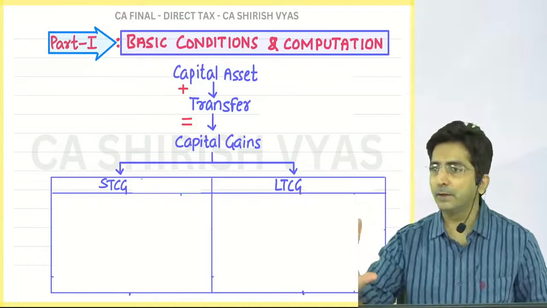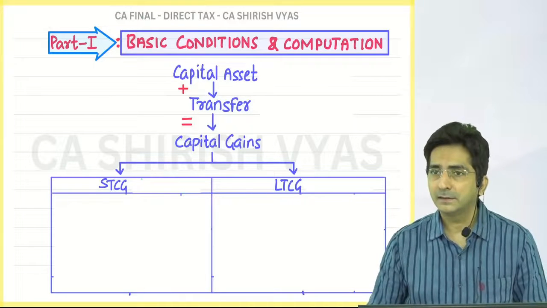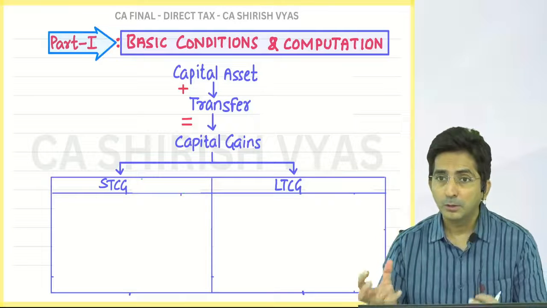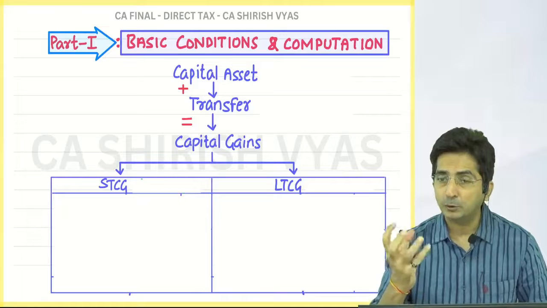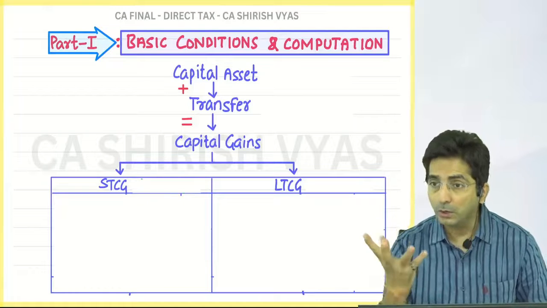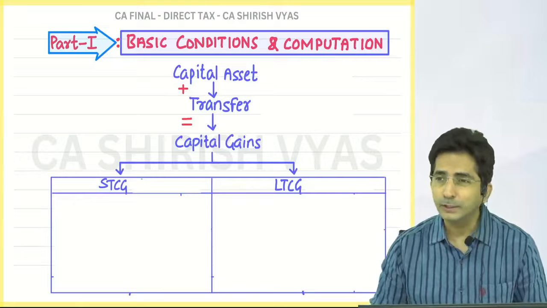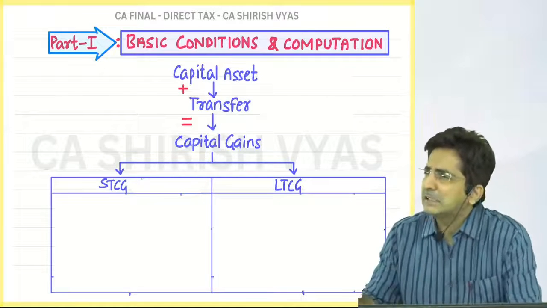See, asset everyone knows. But have I written asset or capital asset? So see, capital asset means assets which have got potential to earn. If something has got potential to earn, then it is called a capital asset. Otherwise, in our life, there are many assets. They are simply assets.